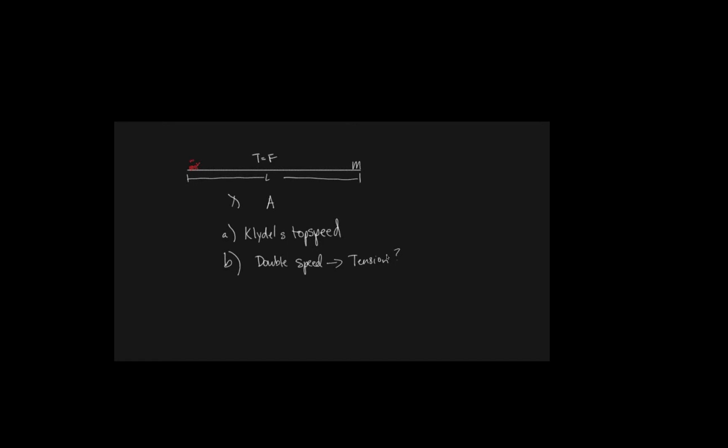Okay. Top speed, so you're looking for Vmax. So your Vmax is equal to... How do we find velocity in general calculus sense? Taking the derivative of the position.